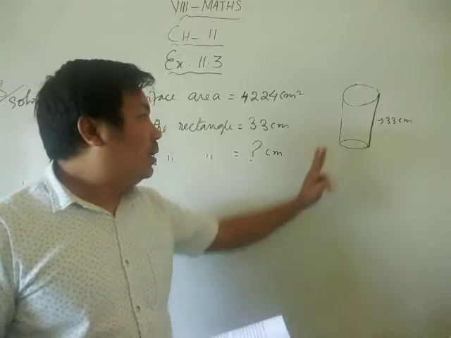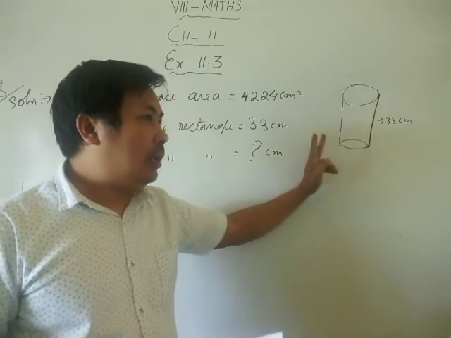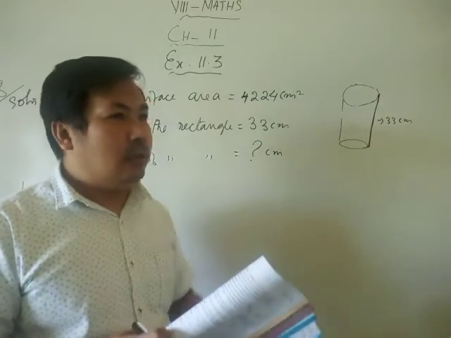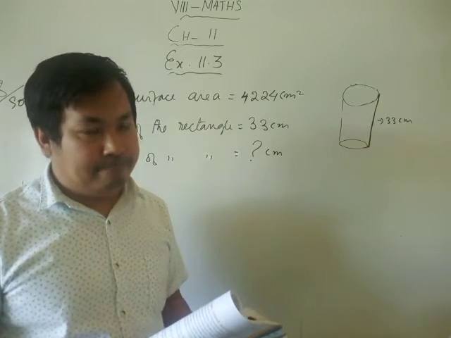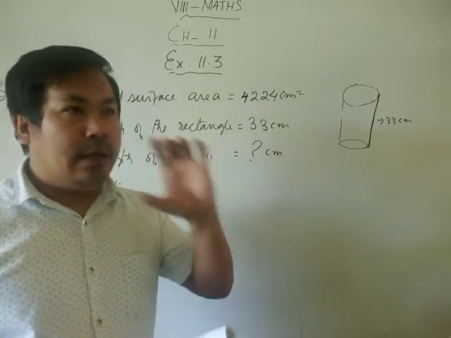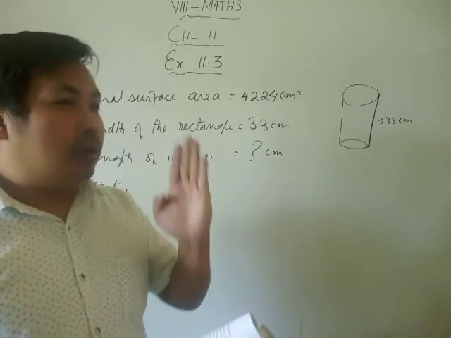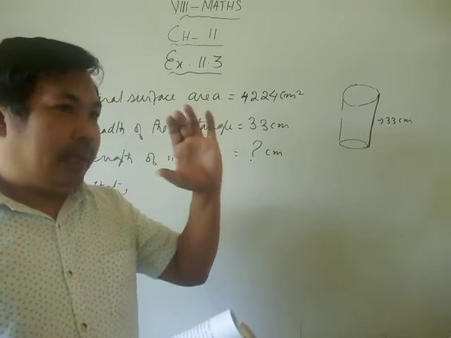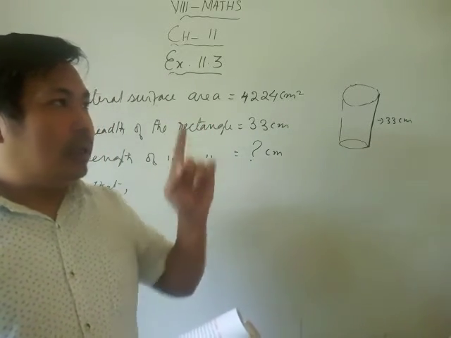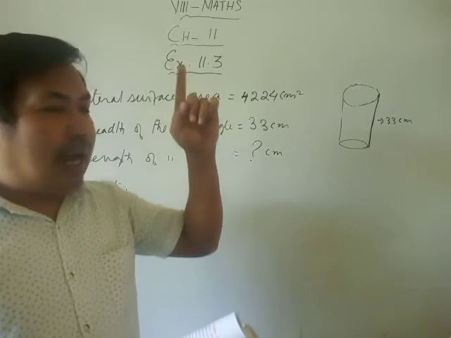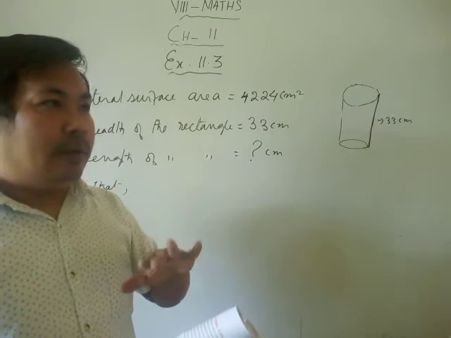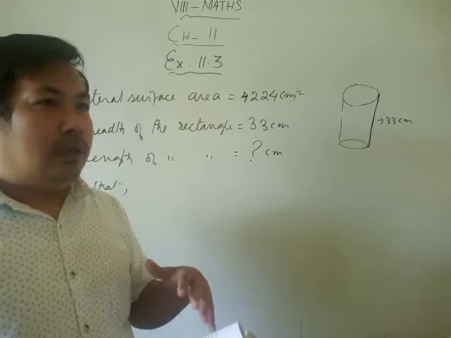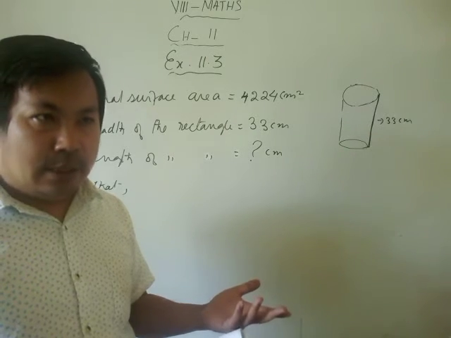The question says that if we cut this cylinder along the height, straight, then we will get a rectangular shape. Any can, we have some can, isn't it? If we cut along the line of height, then you will get the shape of a rectangle.